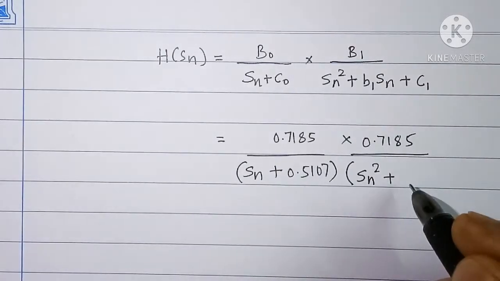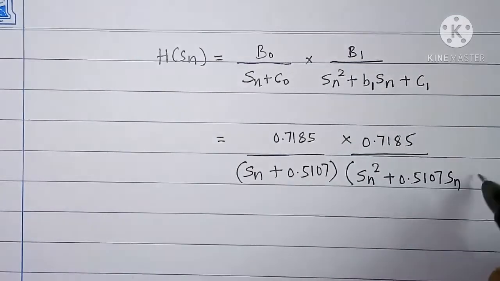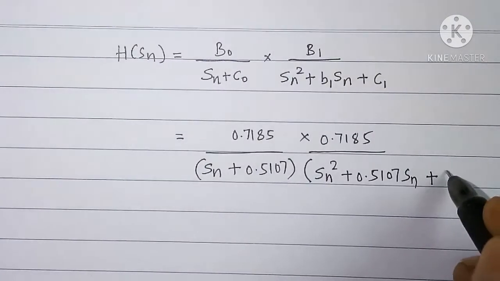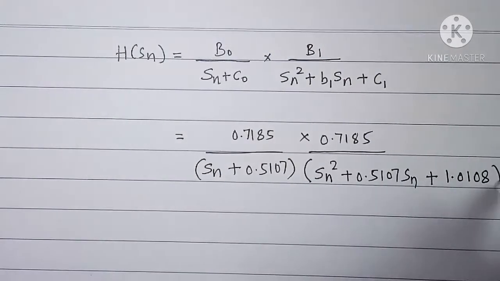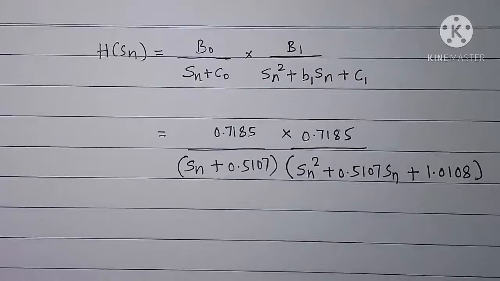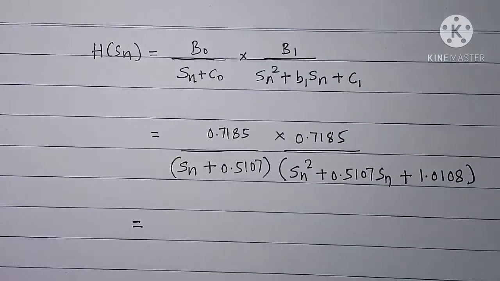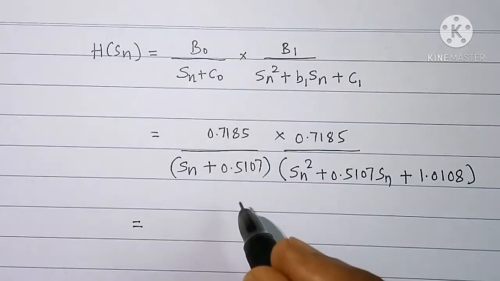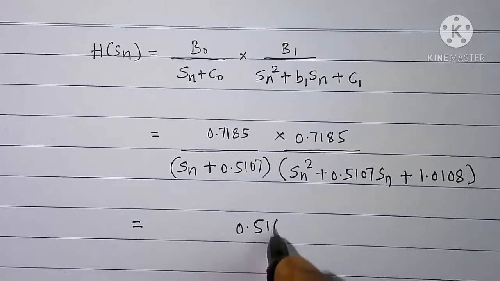Sn square plus 0.5107 Sn plus c1, and c1 value is 1.0108. 0.7185 into 0.7185, we get 0.5162.